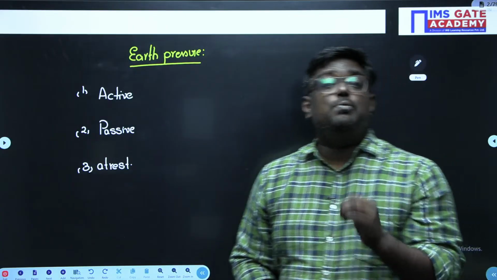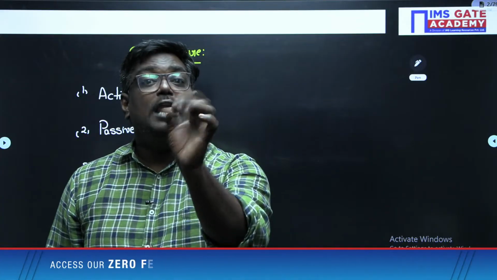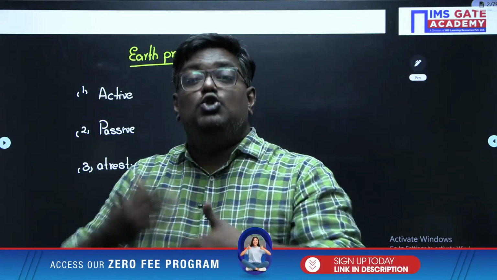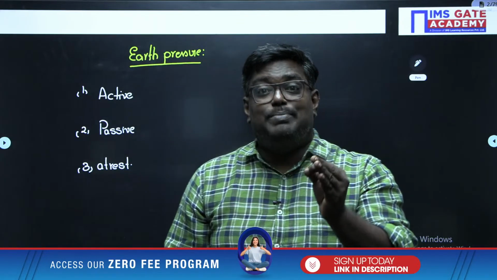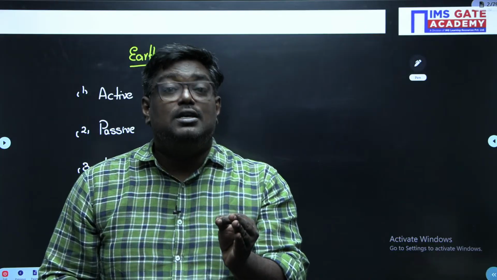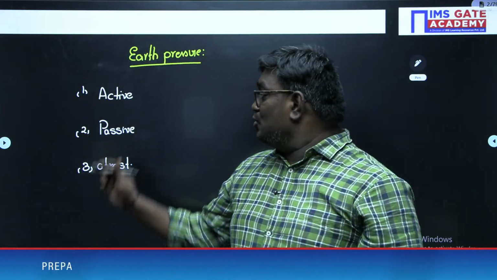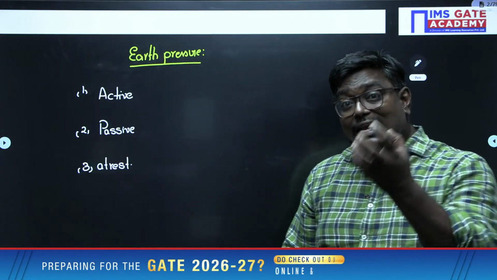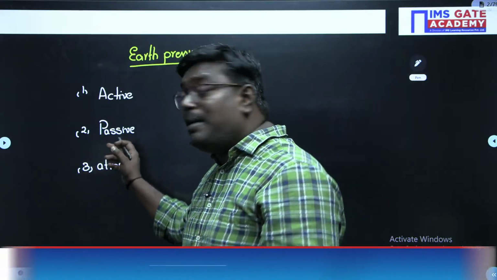But let me tell you, my dear students, in the GATE exam they never ask you to calculate the active earth pressure directly. They ask you to calculate the earth pressure when there is yielding of soil mass due to tension. In the passive case, they can ask you to calculate the earth pressure when the yielding of soil mass is due to compression.